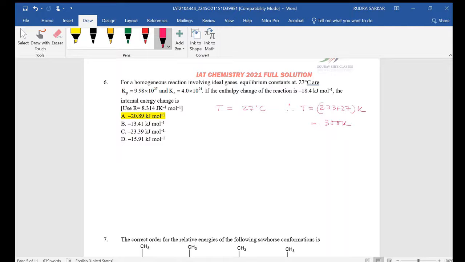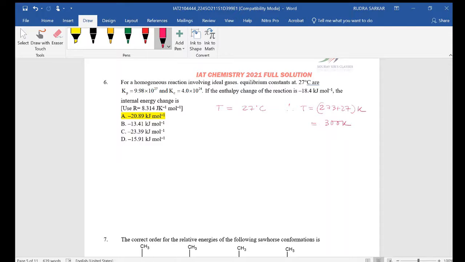For a homogeneous reaction involving ideal gases, equilibrium constants at this temperature are given. Kp and Kc are also given as follows.